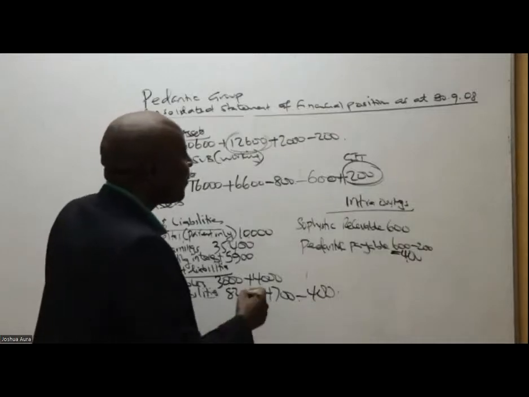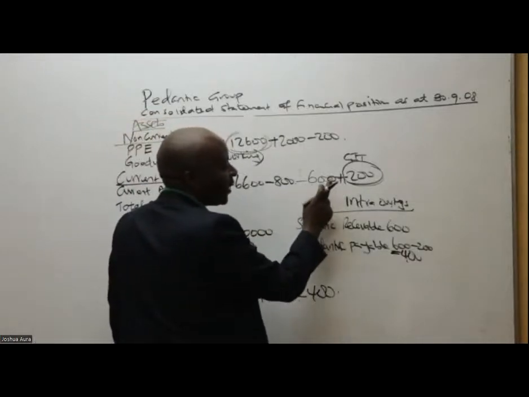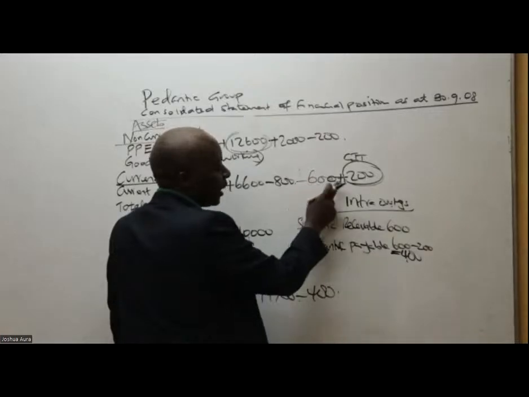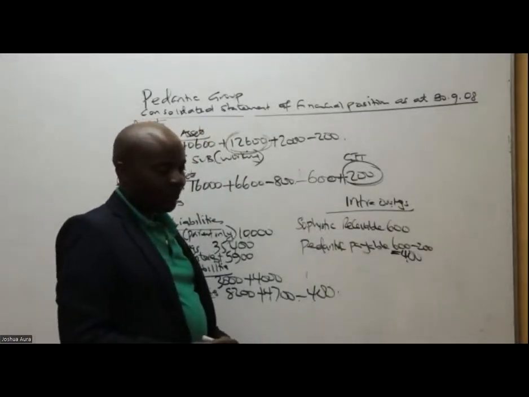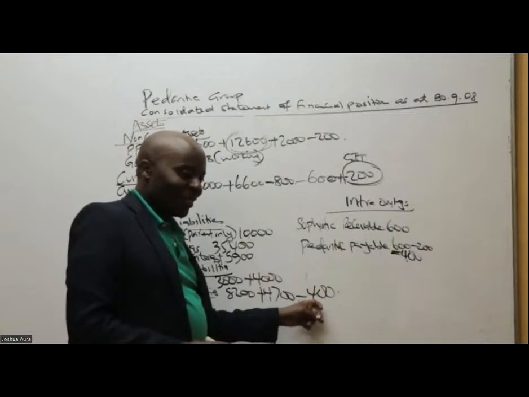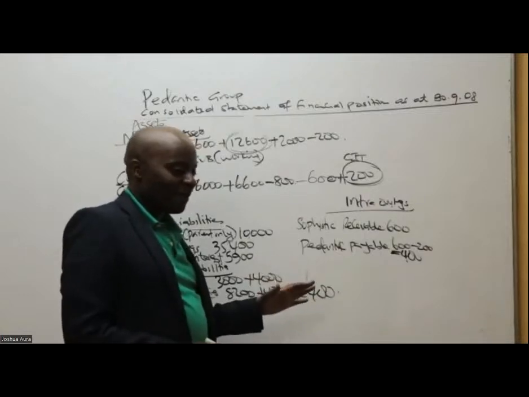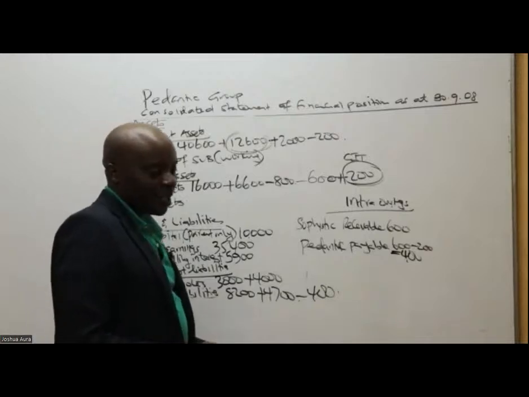Alafu unajua ukiwa mwanafunzi mwerevu, for purpose of balancing, you see minus 600 plus 200. What is minus 600 plus 200? It's minus 400, which matches this. For balancing purposes, sasa hapo tuko sawa sawa.